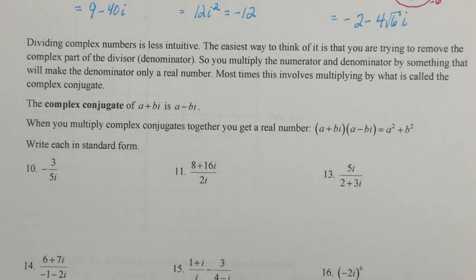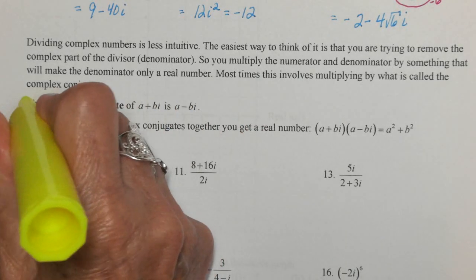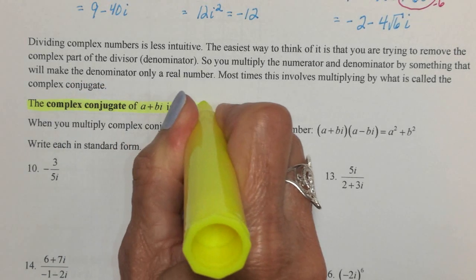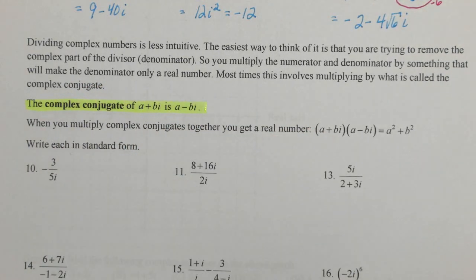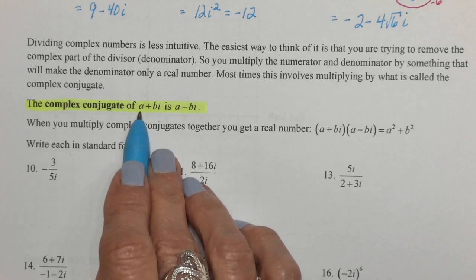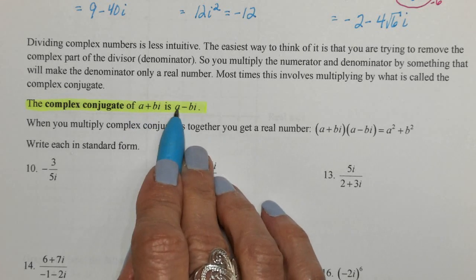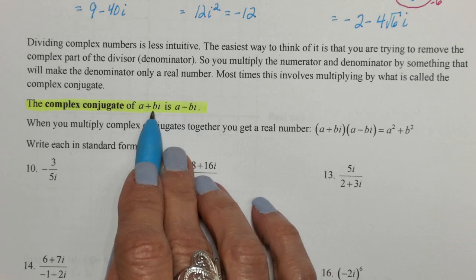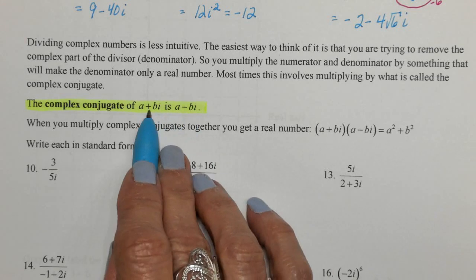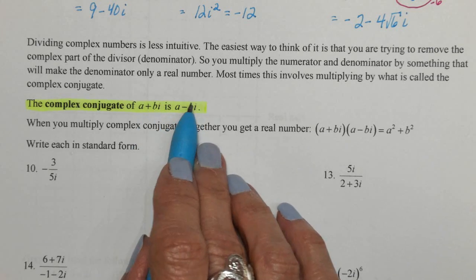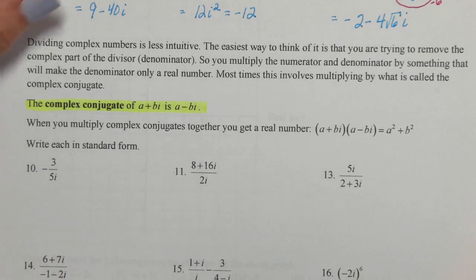And the complex conjugate, this is another something to highlight, the complex conjugate of a plus bi is a minus bi. Notice that the real part stays the same. The only thing that changes is the sign on the imaginary part of the complex number.